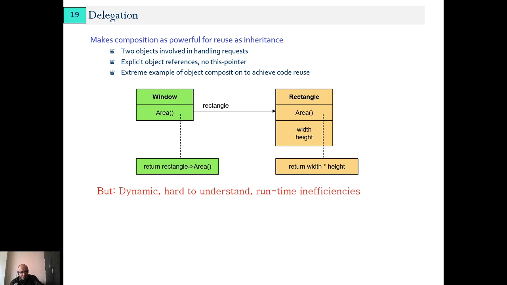So the only role remaining with the parent class or delegating class is to monitor whether those 10 responsibilities or services are being handled or not. But this kind of decomposition is powerful, like inheritance, but hard to understand, and it will create runtime inefficiencies. Why will it create runtime inefficiencies? The thing is that the information will always go up the ladder from the bottom. So you have to think about composition here as well.